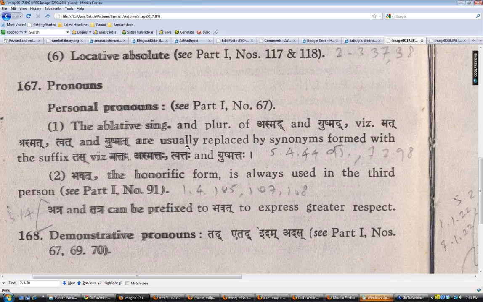But he's absolutely right that 99% of the time you will not see mat, tvat, and the asmad, yushmad being used in the panchami. To express this panchami, you will 99% of the time not, nowhere in the Gita, by the way.